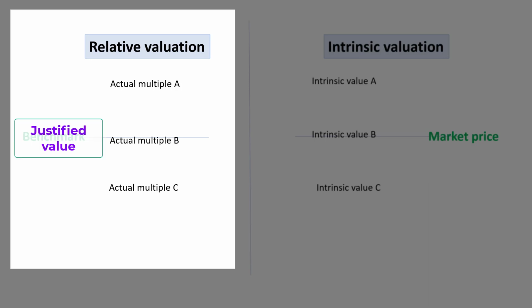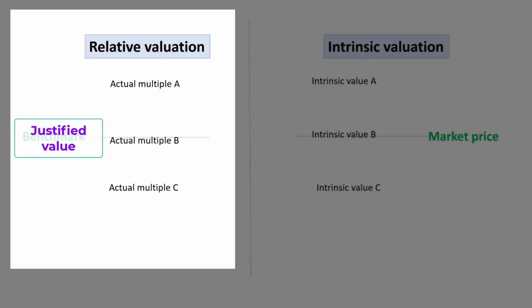And if the actual multiple that you calculate is higher than the benchmark, which is a justified level, that indicates that under the relative valuation approach, in case A, that share looks as though it is overvalued, and the analyst's recommendation, the investor's decision, would be to sell that share.